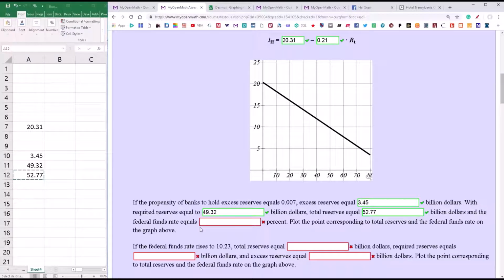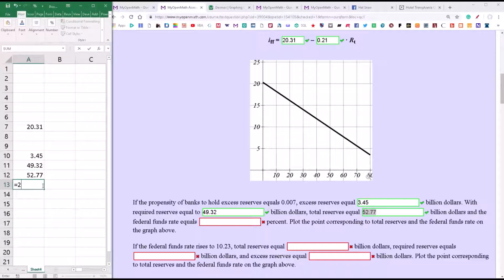Okay. Now, if total reserves equals 52.77, we plug that into the demand curve to get the federal funds rate, which is going to be under 10. So we're going to use this equation up here to calculate the federal funds rate.